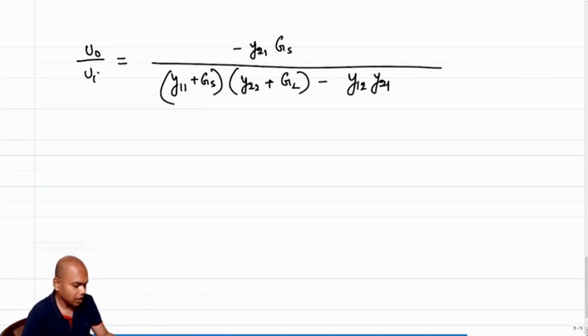So what do you think? How can I maximize this? The curious among you will obviously point out that I can choose y12, y21, y11 and y22 in such a way that the denominator goes to 0, and then I get V naught over Vi going to minus infinity. Great. I'm looking for high amplification, and what's better than infinite amplification?